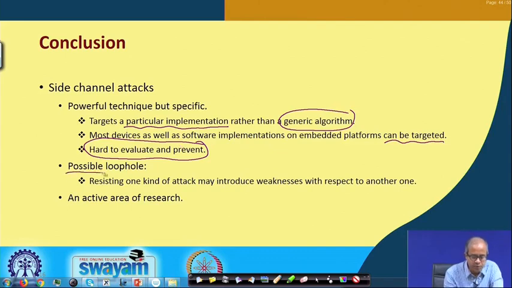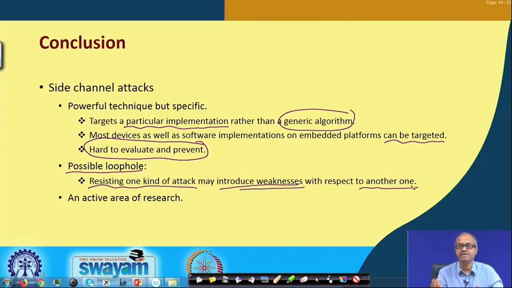And one big loophole is that, let us say you are trying to resist one kind of attack, let us say you are stopping power analysis attack, but maybe in the process you are introducing weakness so that another side channel attack can be mounted, using a different side channel mechanism like scan chain based attack or something else. Okay. This is in fact a very active area of research, many people are working on this, and this side channel attack resistant design, hardware security, has become a very hot topic of research nowadays.